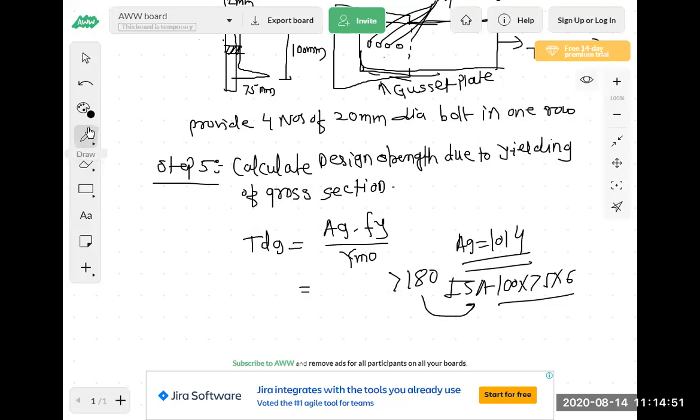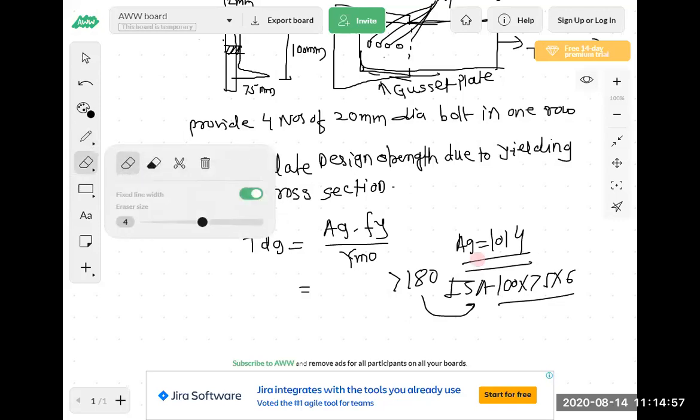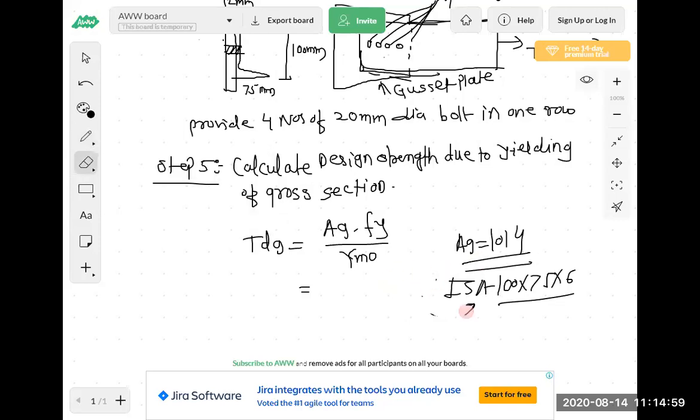So here Ag is 1014, into fy 250, divided by gamma m0, which is 1.1.